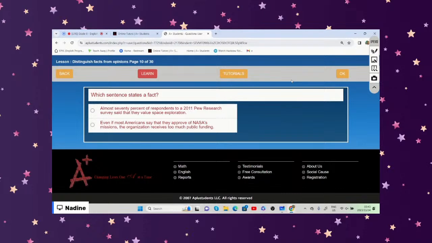Almost 70% of respondents to a 2011 Pew Research survey said that they value space exploration, or even if most Americans say that they approve of NASA's missions, the organization receives too much public funding.